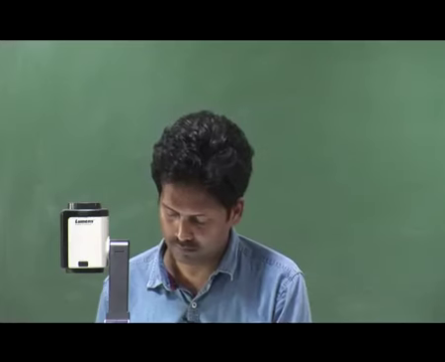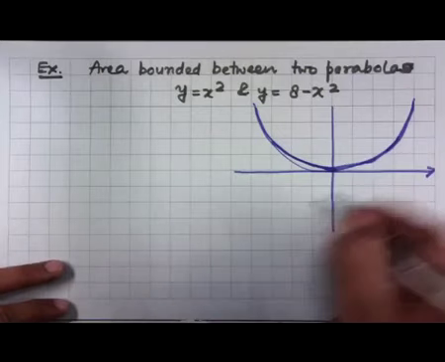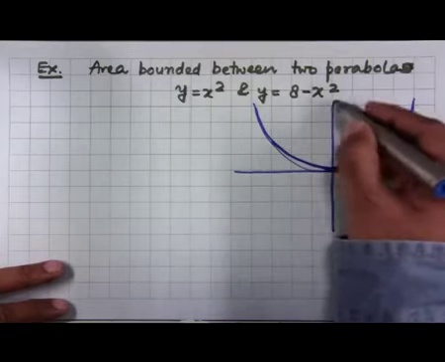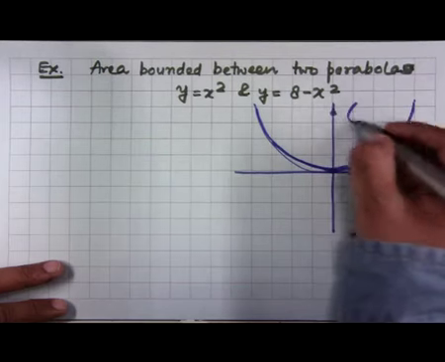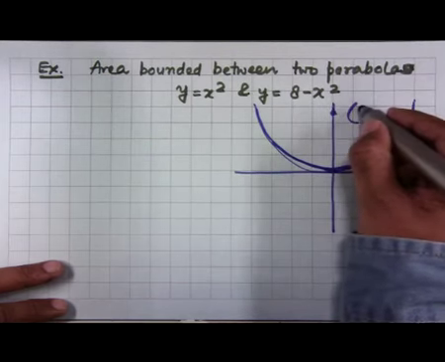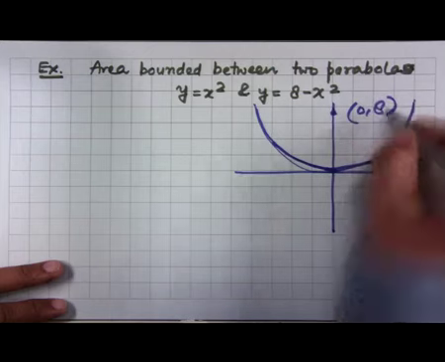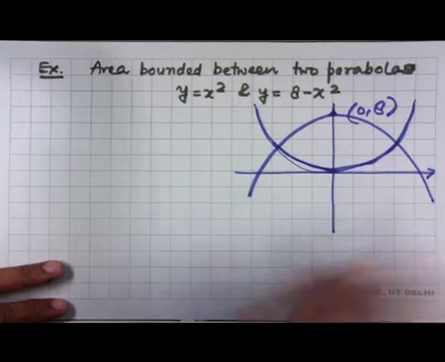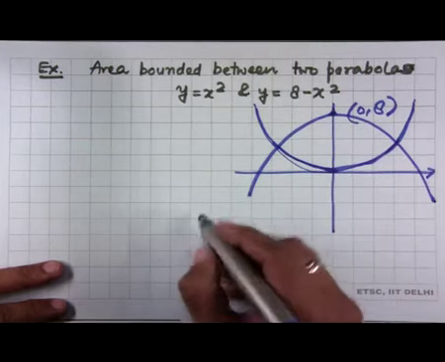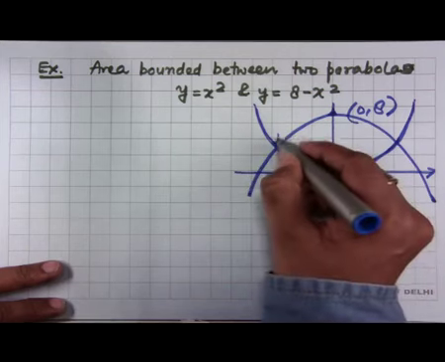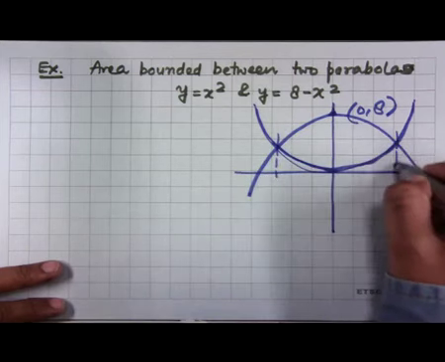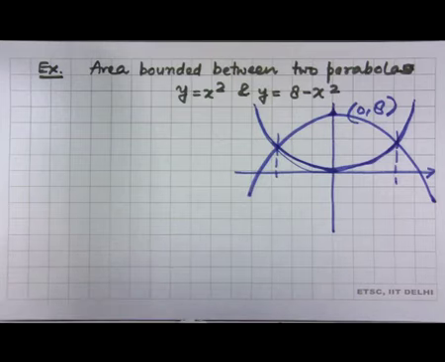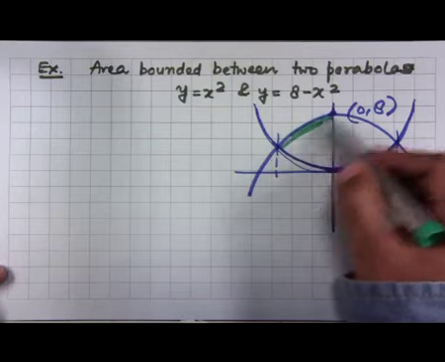We get this, and y equals to 8 minus x square is a parabola which is inverted and whose vertex is 0 comma 8. So, we will get this shape. We need to find these two points of intersection, and the required area is shaded by green color.